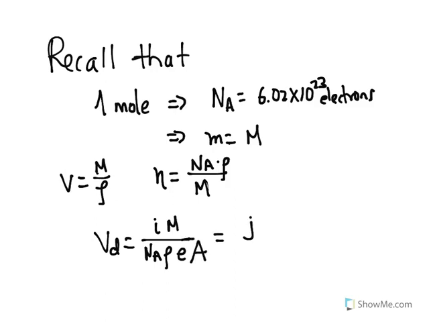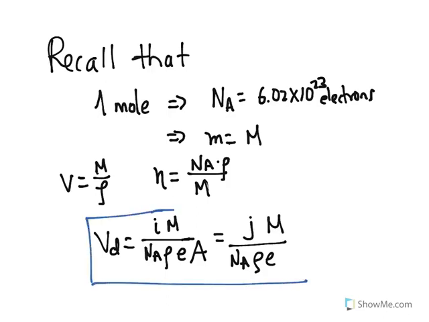Or it is the current density times the molar mass over Avogadro's number times density times the elementary charge. So this is also a calculation for the drift velocity given all these parameters.